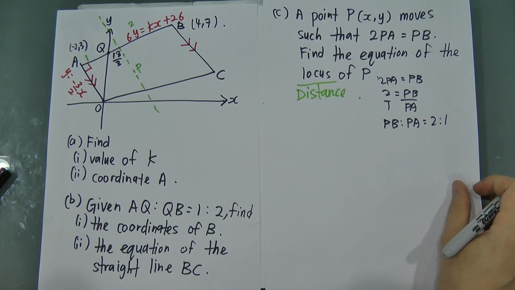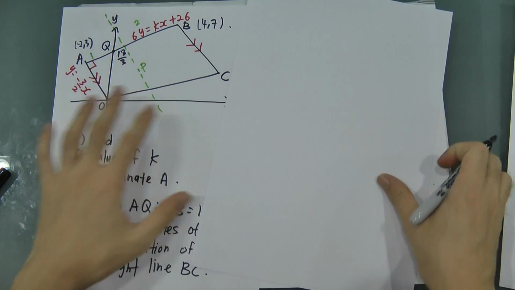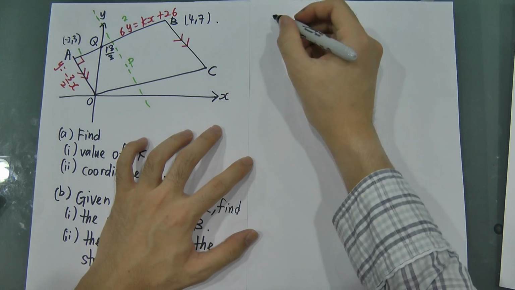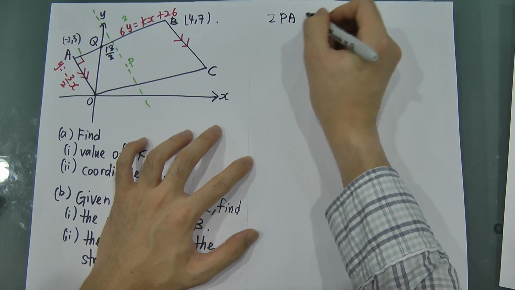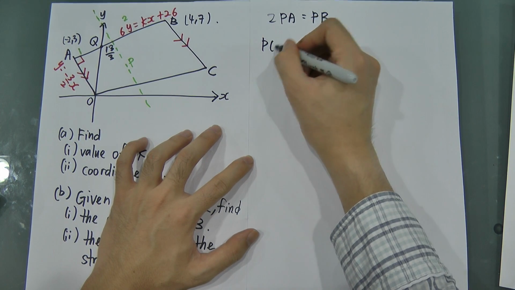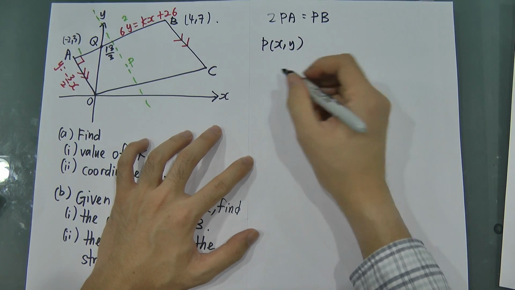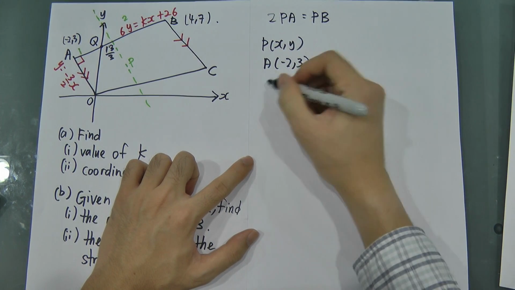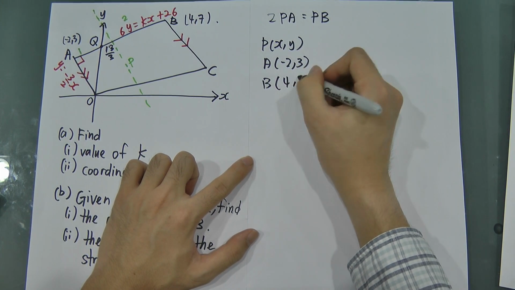Alright, so I'm going to write again over here. From the locus he gives us 2PA equals PB. So I do not know the coordinate for P, so I'm going to call it x and y. And then I know the coordinate for A, which is negative 2 and 3. Of course, I know the coordinate for B, which is 4 and 7.